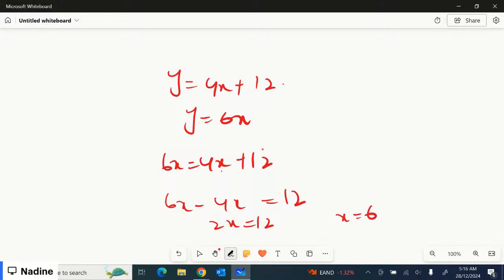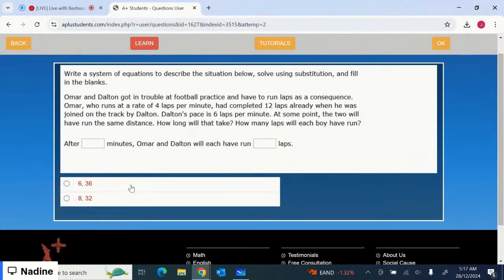You need to find the value of y, so replace x with 6. 6 times 6 is 36. So 6 and 36 is the correct option.